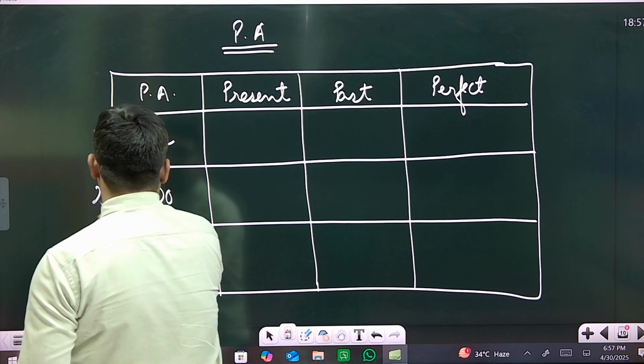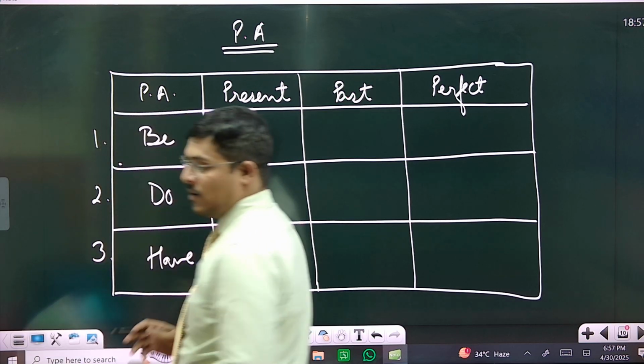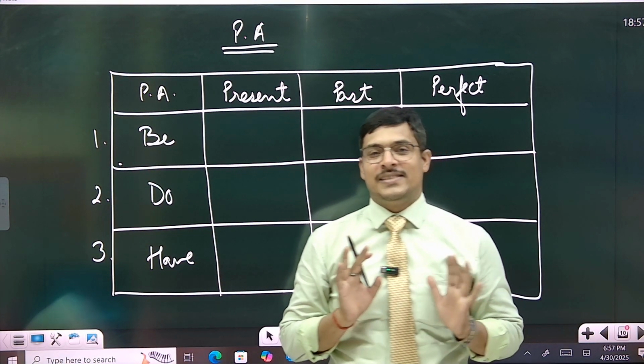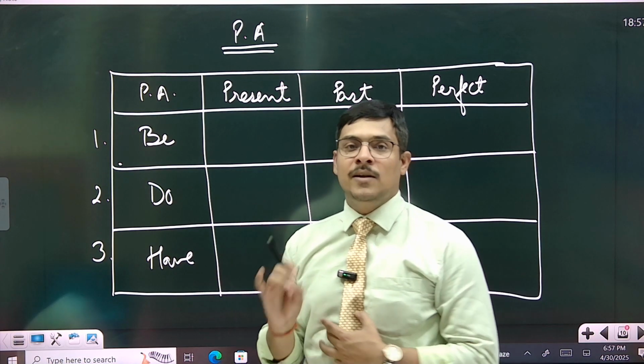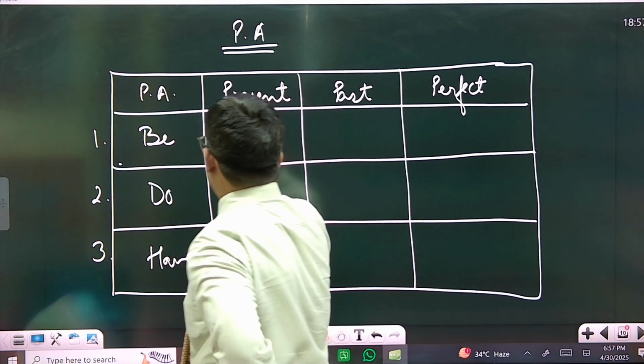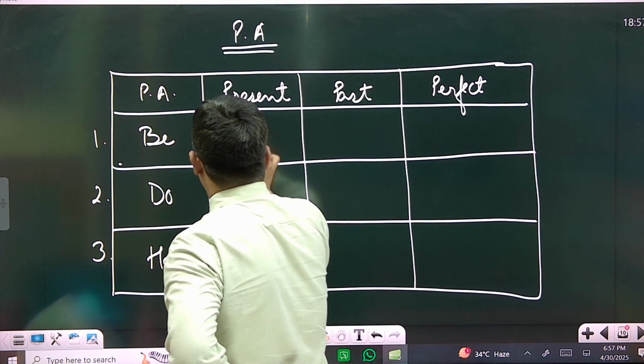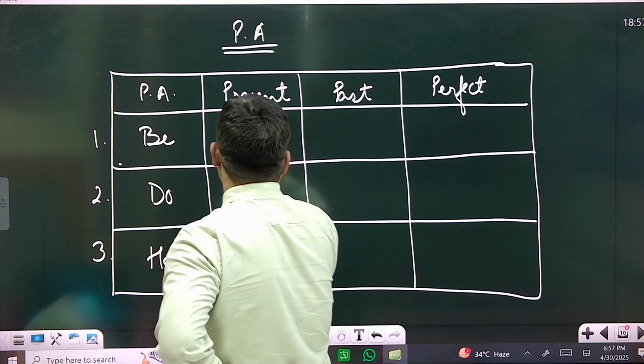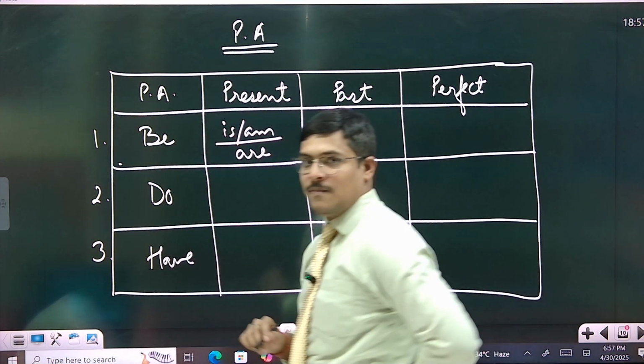This is an easier way of writing, although it is completely your choice. There are three major primary auxiliaries.